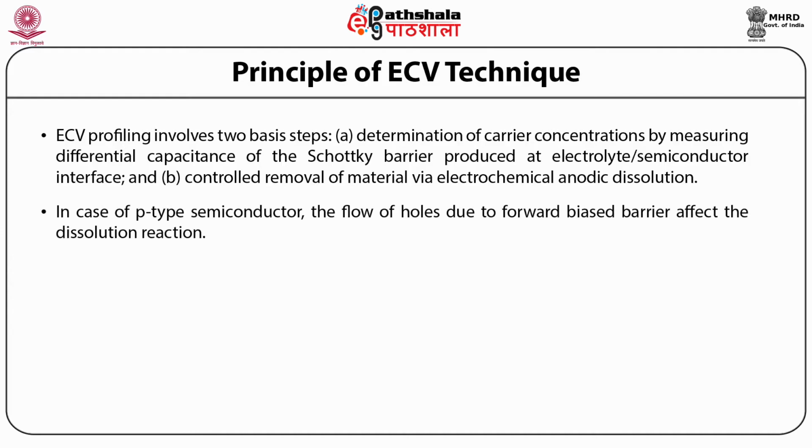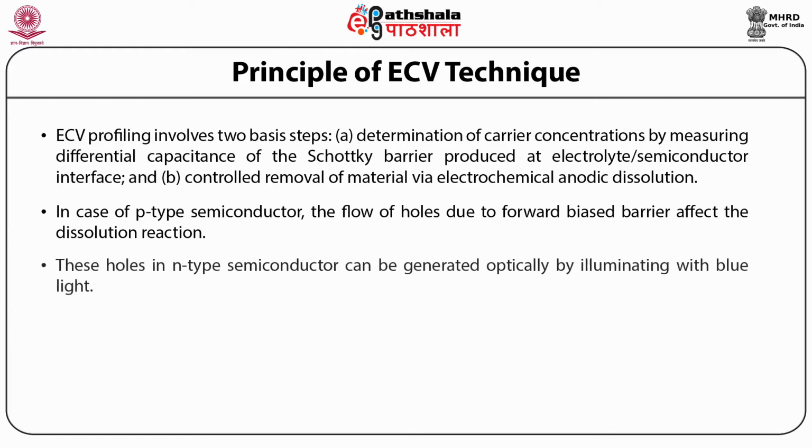In case of a p-type semiconductor, the flow of holes due to the forward biased barrier effect promotes the dissolution reaction, whereas the holes in the reverse bias promote the dissolution process in an n-type semiconductor. These holes in an n-type semiconductor can be generated optically by illuminating with blue light.